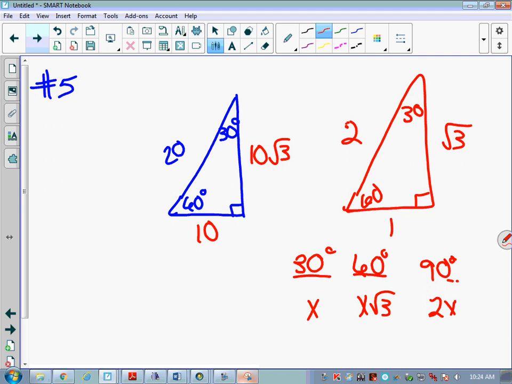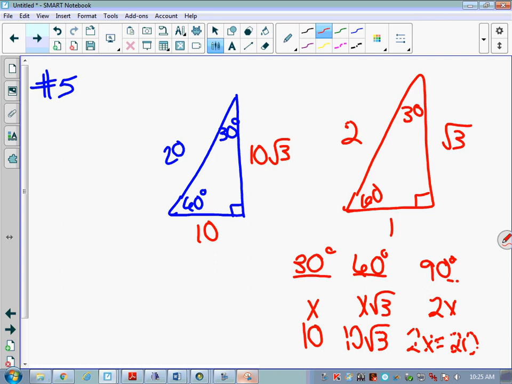So if I know what's opposite of 90 is 2x, then we're saying 2x in this case equals 20. Can I solve for x? What is x if 2x equals 20? 10, right? So x equals 10. And if x equals 10, then 60 is 10 radical 3. Does that help out at all?